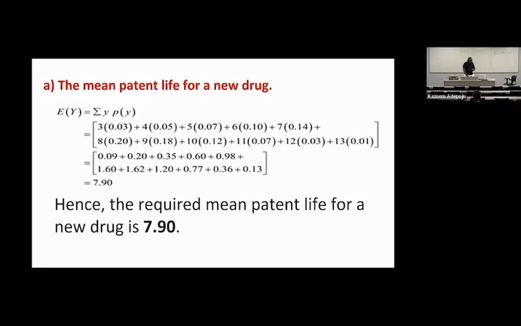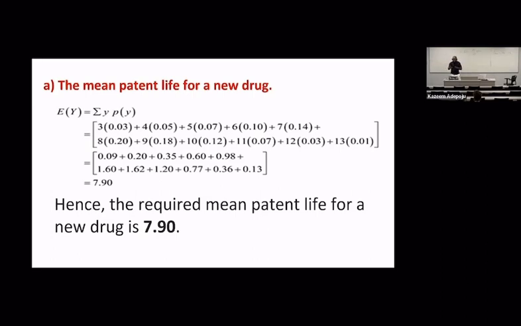Okay, so how can we interpret that? The required mean patent life for a new drug is 7.90. Now, do you know that it is not all patients that will experience 7.90?